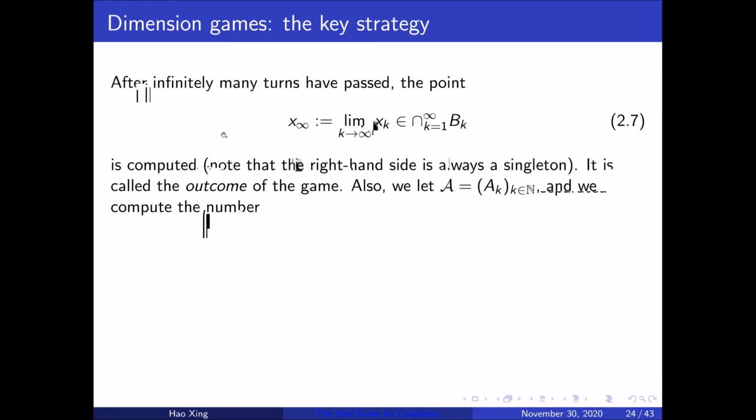After infinitely many turns have passed, because those B sub k's are closed balls with descending radius converging to 0, I take the infinite intersection and you can find a point in the limit. So this will be called the outcome of the game.